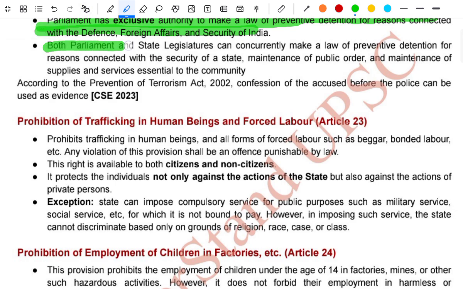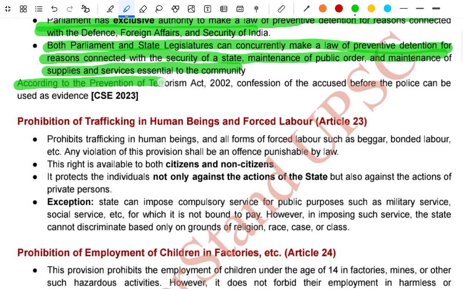Both Parliament and the state legislatures can concurrently make laws on preventive detention for persons connected with the security of a state, maintaining public order, and maintenance of supplies and services essential for the community. According to the Prevention of Terrorism Act 2002, confession of the accused before the police can be used as evidence.